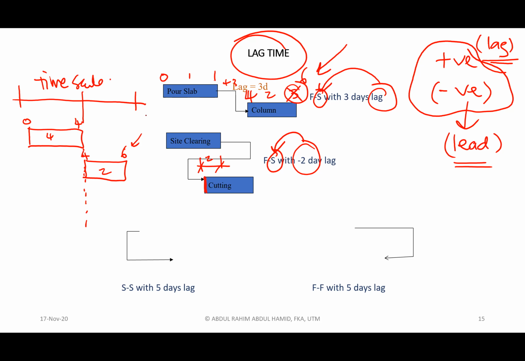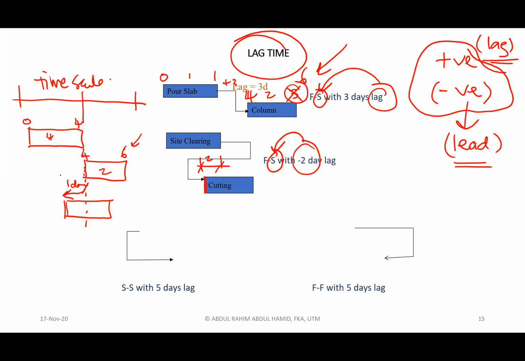But when we do have what we call lead, how do we draw activity cut? Activity cut will be pushing a little bit ahead. Let's say the lead is 1 day, because we do have two here. Make it small. Just imagine we push a little bit ahead by 1 day, and how will this affect the calculation? 0 plus 4 equivalent to 4.